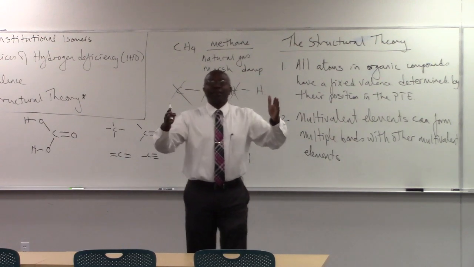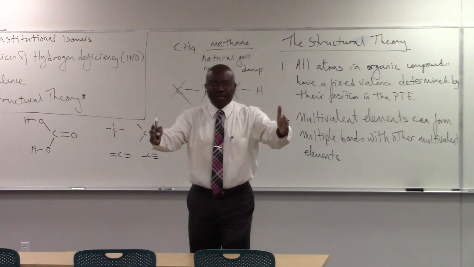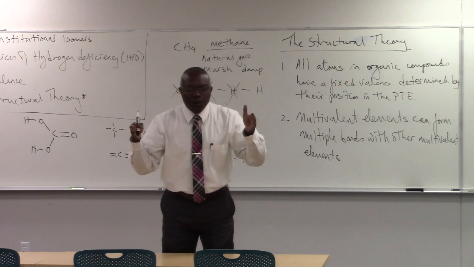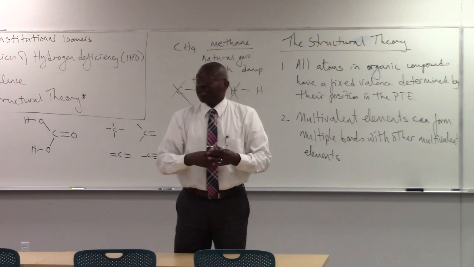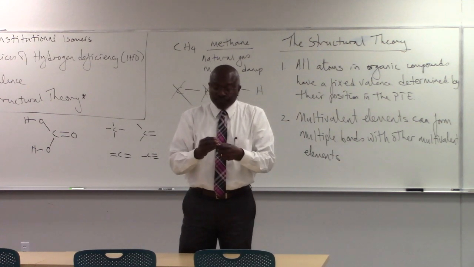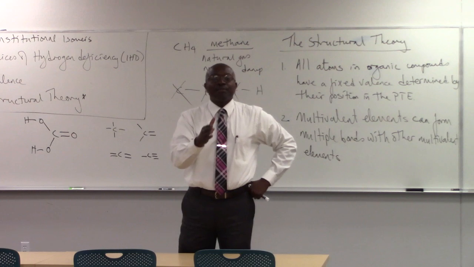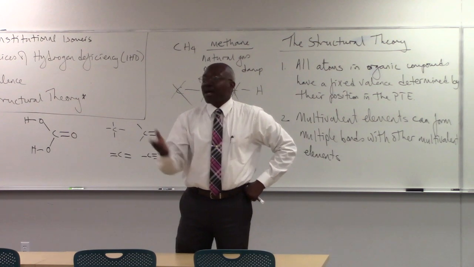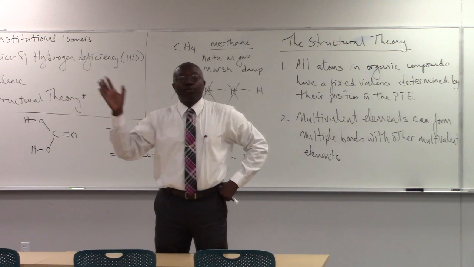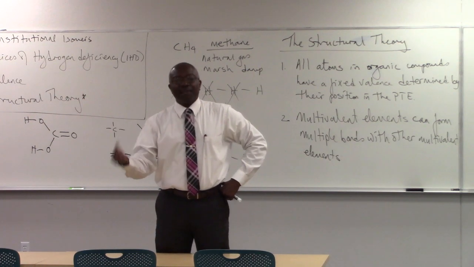So the structural theory is a series of guardrails that keep you on track in terms of what structures are reasonable. And there are just two very basic parts to it. One, all atoms in organic compounds have a fixed valence. How do I know what the valence is? I look at the periodic table. The group number defines the valence.